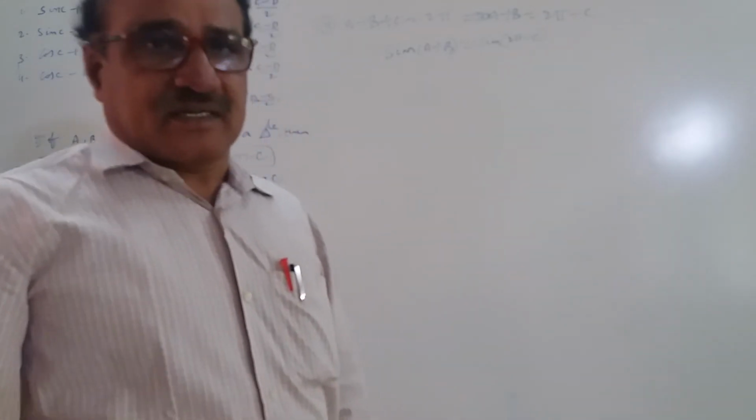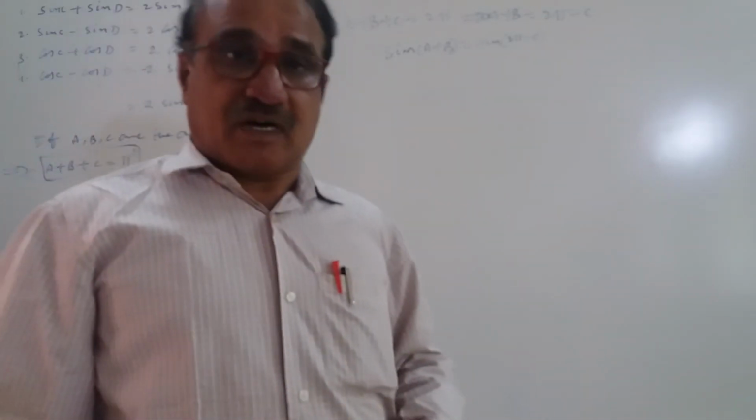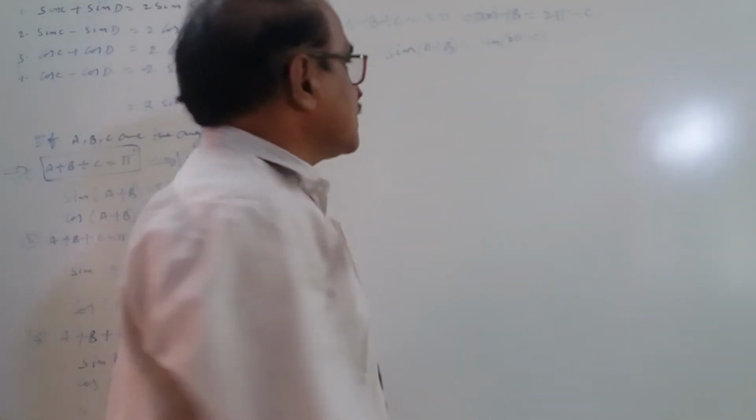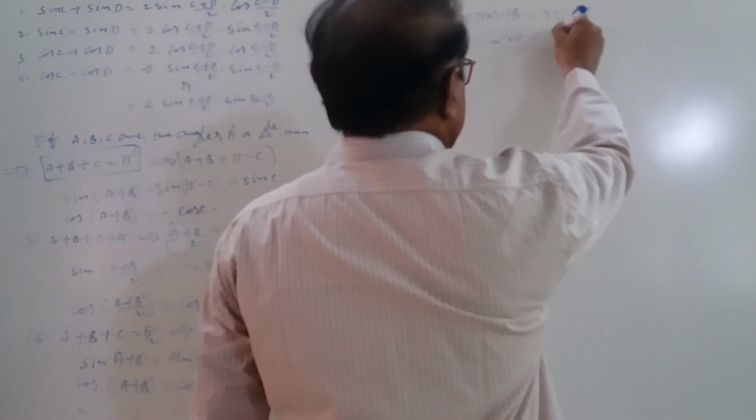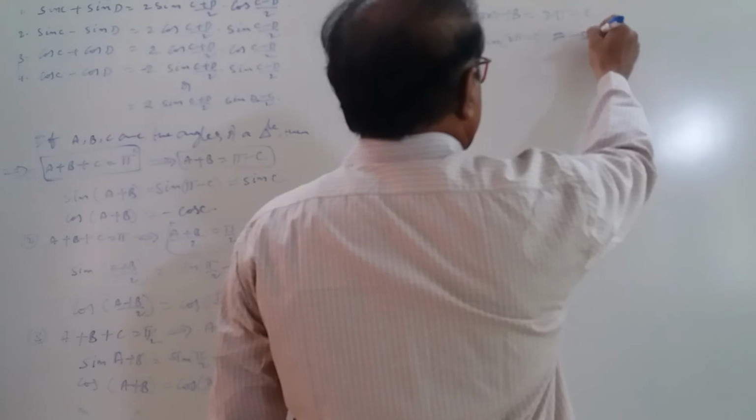Sin remains as sin and 2 pi minus C belongs to the fourth quadrant. It gets a negative sign, that means minus sin C.